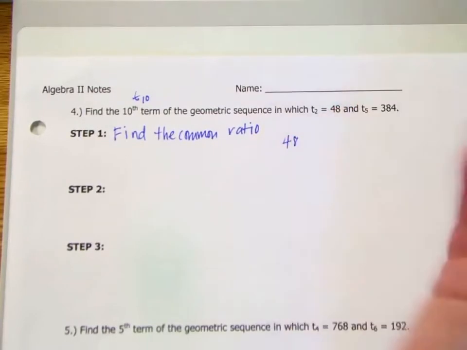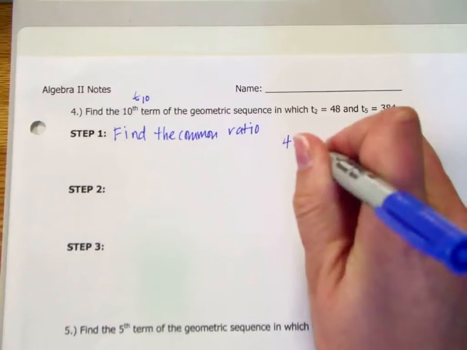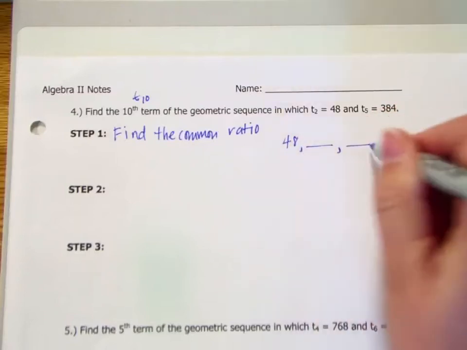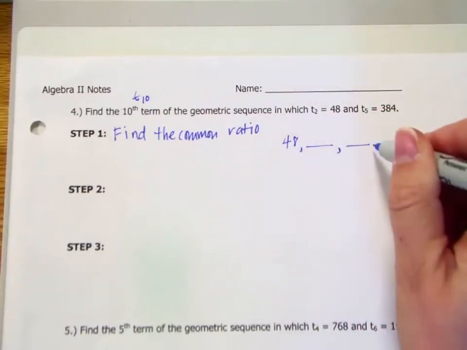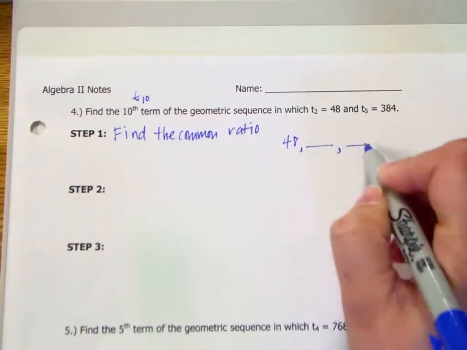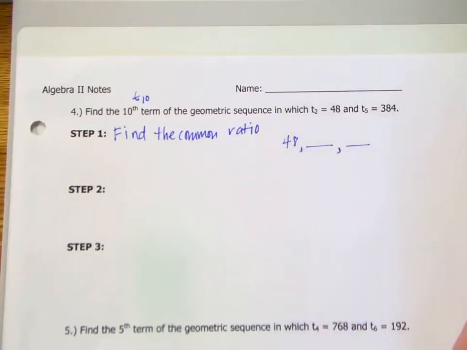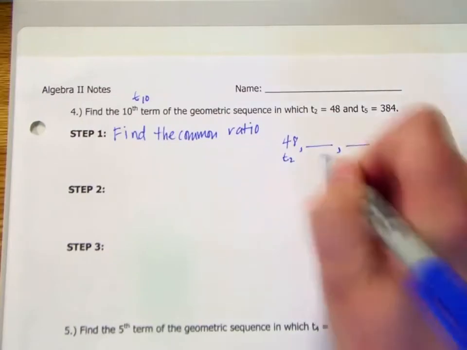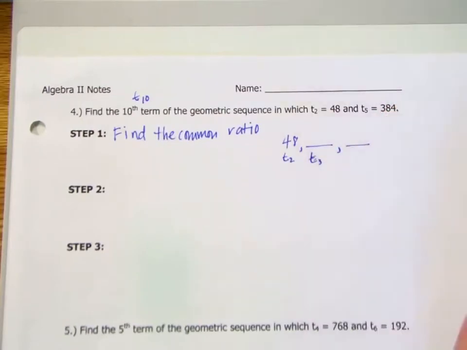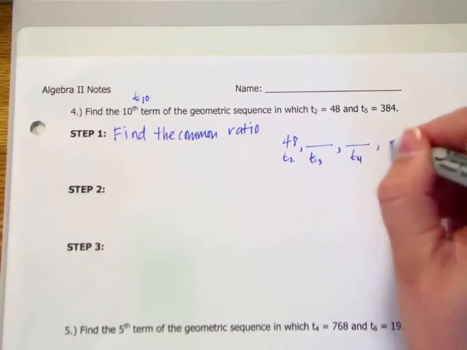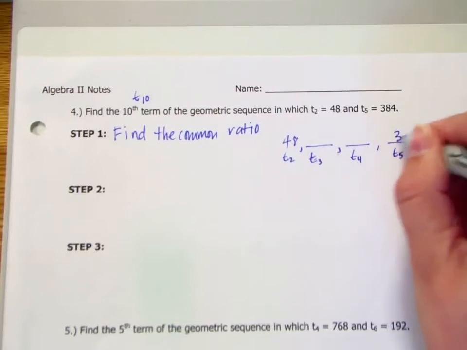I have 48 is the second term, then the third term we don't know, the fourth term we don't know, and then the fifth term is 384.